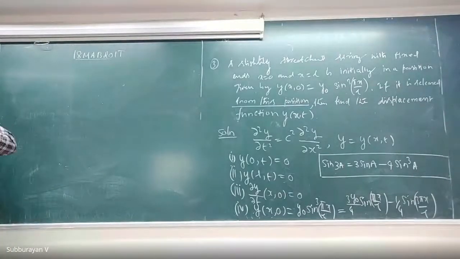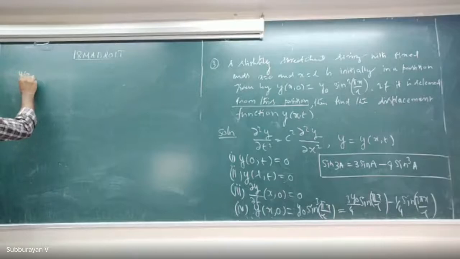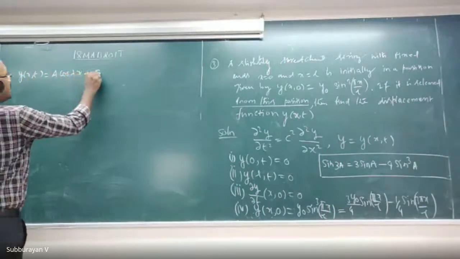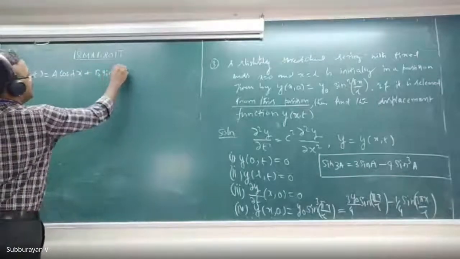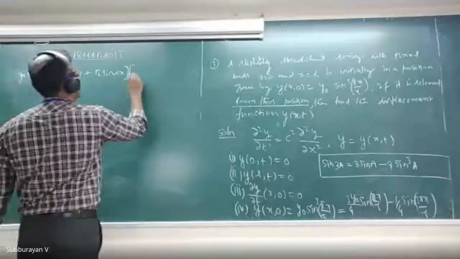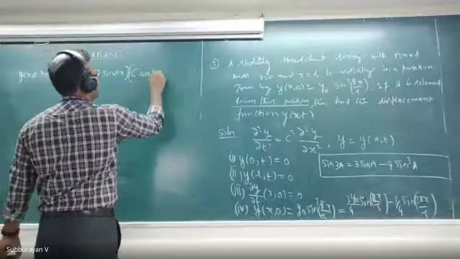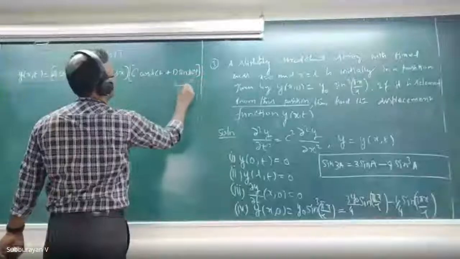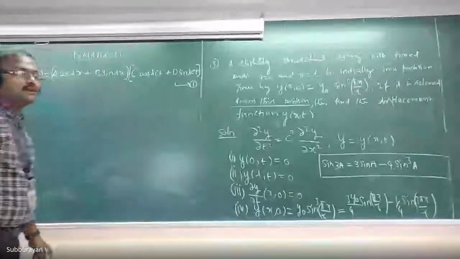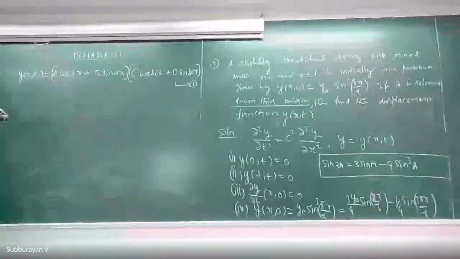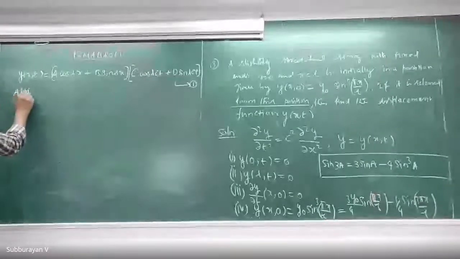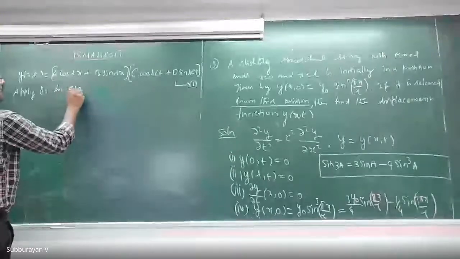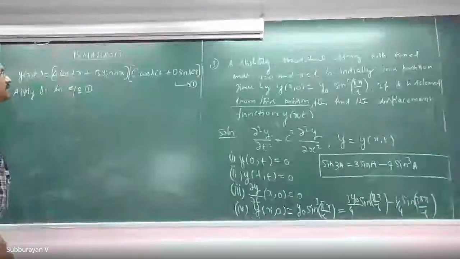So what is the suitable solution? The suitable solution is y of x comma t equal to a cos lambda x plus b sin lambda x into c cos lambda ct plus d sin lambda ct. I call this equation number 1. Now apply condition 1 in equation number 1.